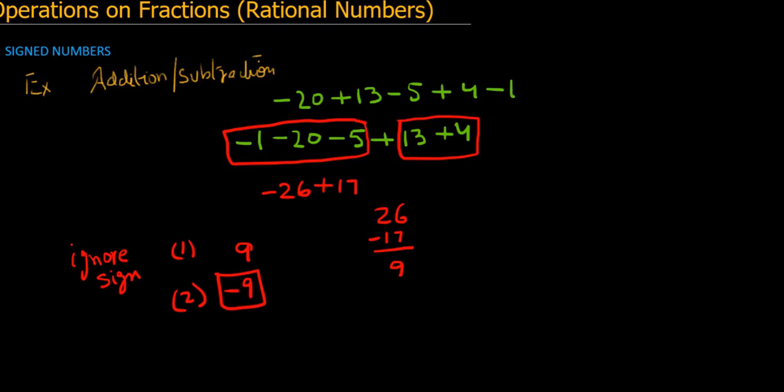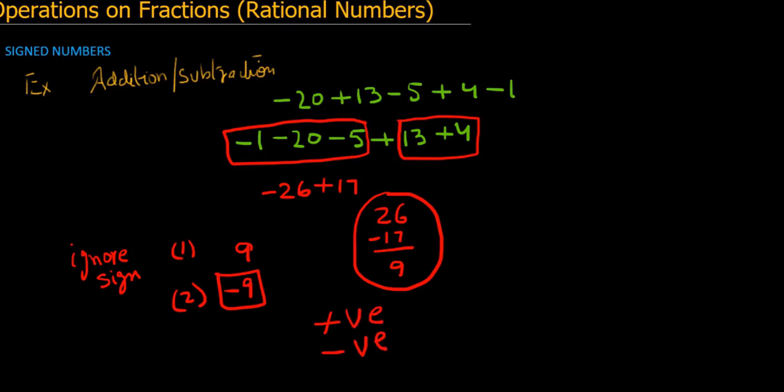Okay, very simple. No confusion. The question is why we are subtracting here. We are subtracting because one number is positive and the other is negative.